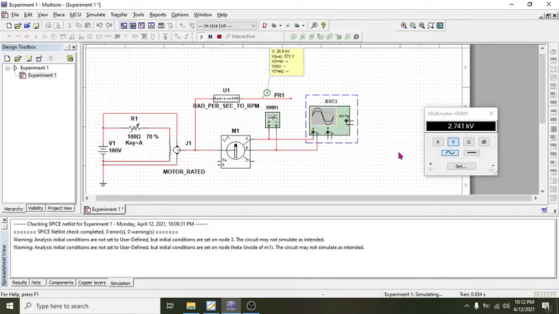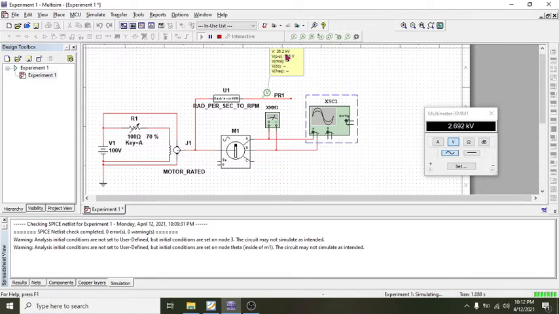During the changing of the field resistance value, you have to wait until the values for the speed and the terminal voltage become stable. That will take some time.